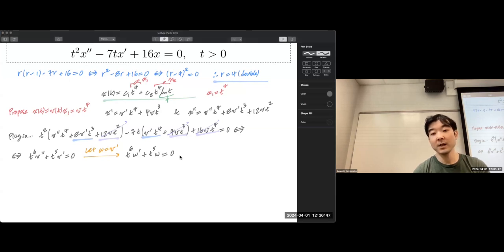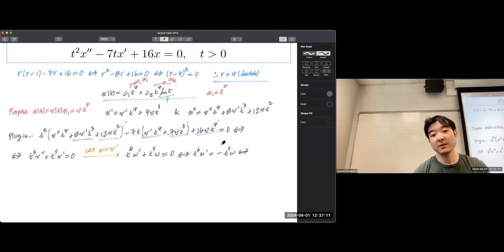So what we'll do here is solve for, so we'll just say t to the 6th w prime is equal to negative t to the 5 w. Just moving this to the other side. I'm going to do separation of variables.